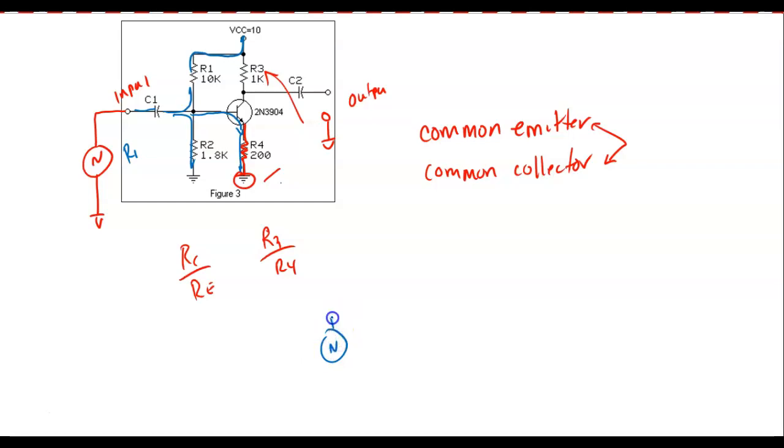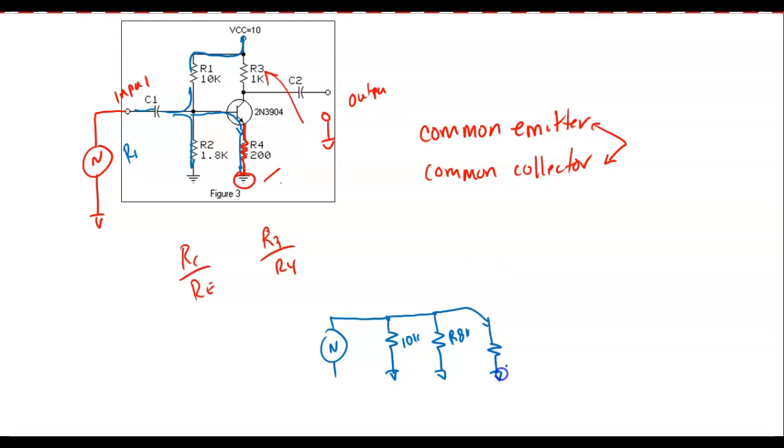We're going to ignore the capacitor, and we'd come in and we'd go to a 10K, which would be R1, right? And then it would go through a 1.8K, which would be R2. And it's going to go through the transistor.